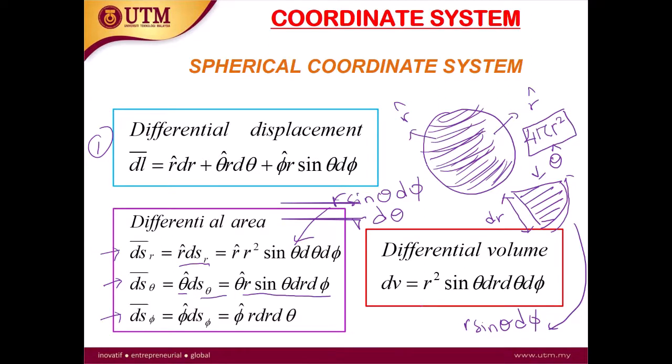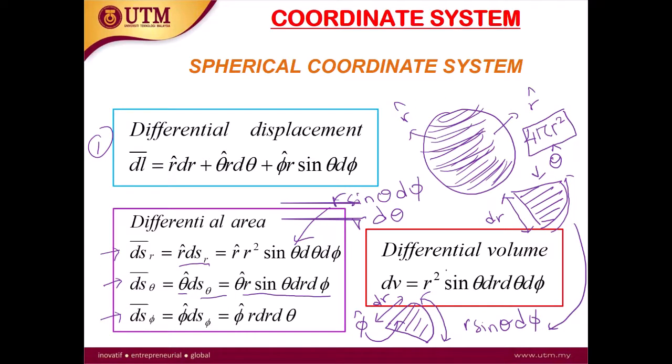For the phi direction, I just cut like this, something like this, and this is the phi direction. It's going in the horizontal part. So here we have also dr, and we have another curve. You have to differentiate between this curve and the previous curve.